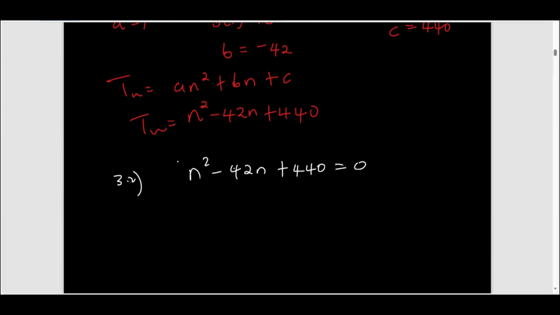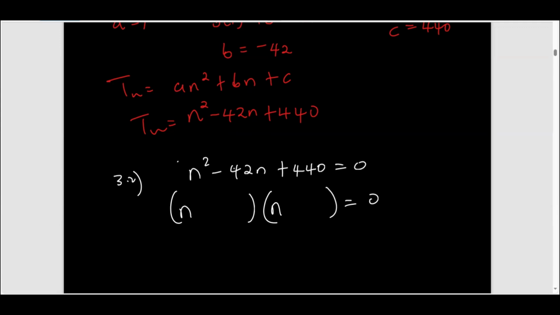Then from this point, I can use the quadratic formula. Alternatively, I can also use the factors, depending on which one you prefer. So if I use my factors, I'll have n and n.